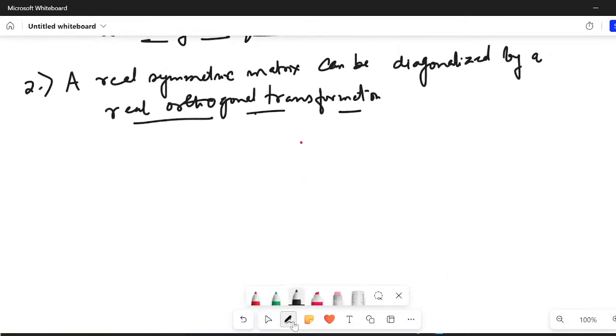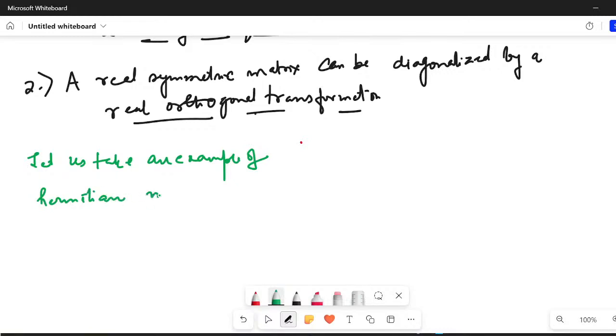Okay, now let us try to diagonalize a matrix and understand it. Let us try to diagonalize a Hermitian matrix.